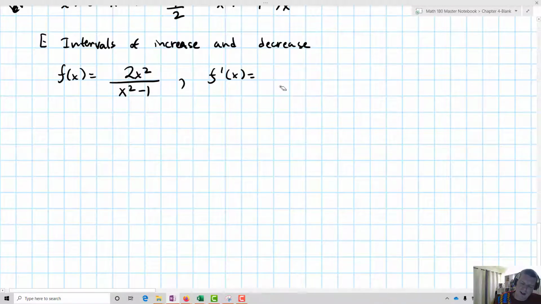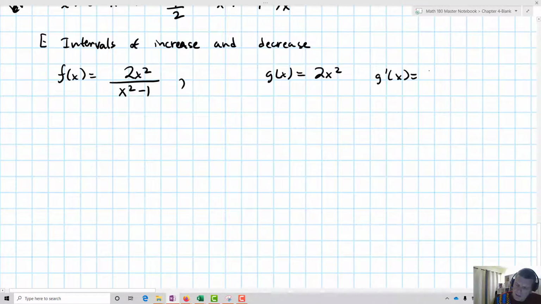Excuse me, I was just about to use L'Hopital's. So we'll actually use the quotient rule. So we'll let g of x equal 2x squared, so g prime of x will equal 4x. And then we'll have h of x equal x squared minus 1, and h prime of x will equal 2x.